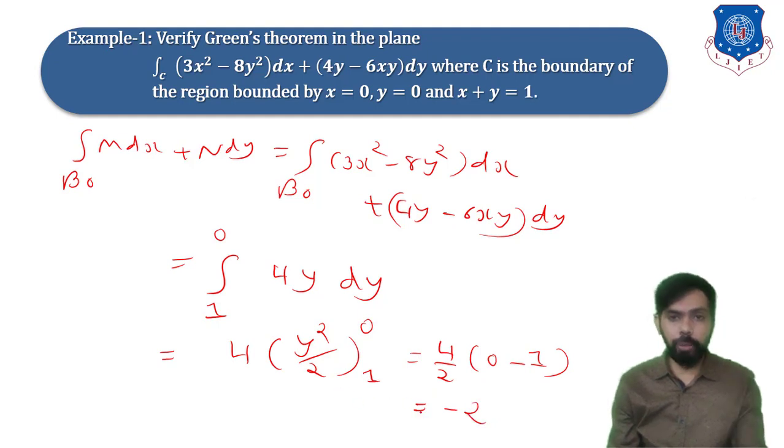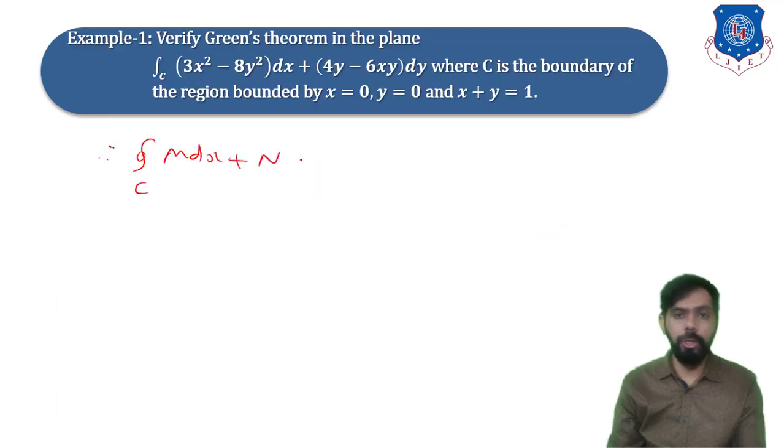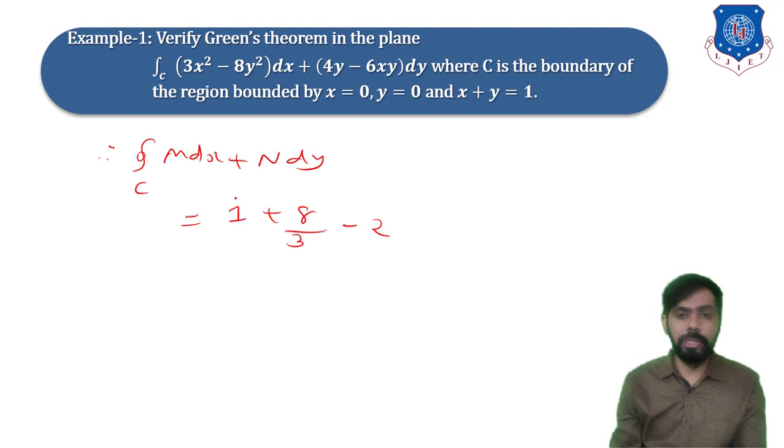Therefore overall we can say that the integration over closed curve C of m dx plus n dy will be 1 plus 8 by 3 minus 2, because the answer of the integral along OA is 1, the answer of the integral along AB is 8 by 3, and the answer of the integral along BO is minus 2.